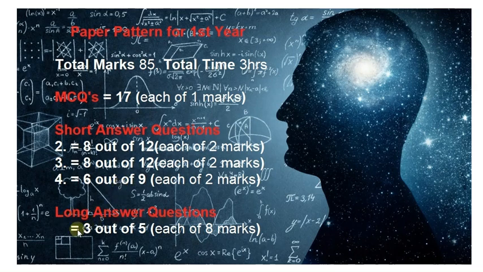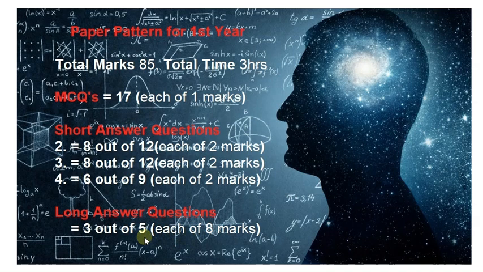Long answer questions. There are 5 long answer questions, out of which 3 are to be solved, each of 8 marks. There are 2 parts for each question, part A and part B. Part A is the theoretical long question, and part B is the numerical.